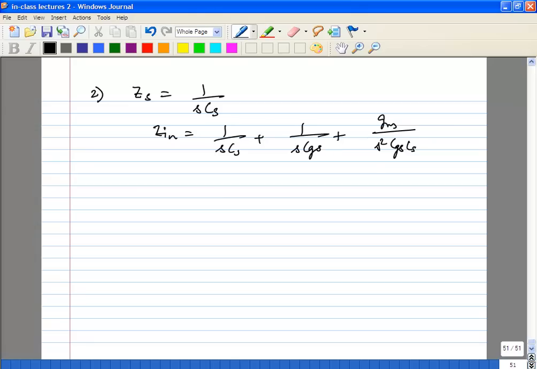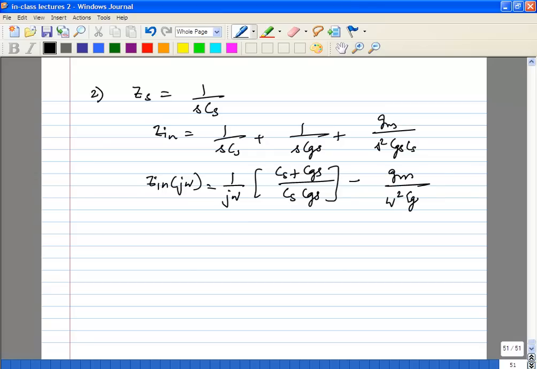So this is pretty straightforward. Let's look at Zn of j omega, because we have an s squared term. So Cs plus Cgs over, this is the first two terms. Now because you have an s squared, you get a negative term. So you get a minus gm over omega squared Cs Cgs term.